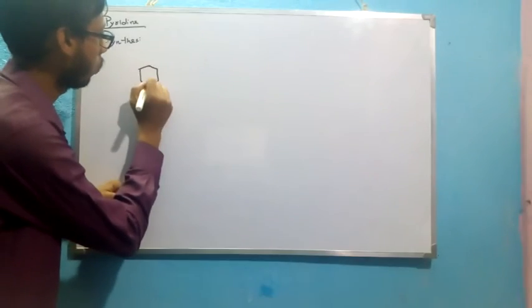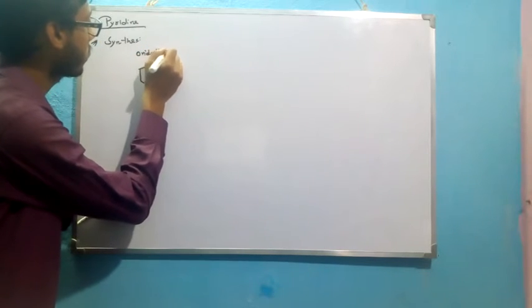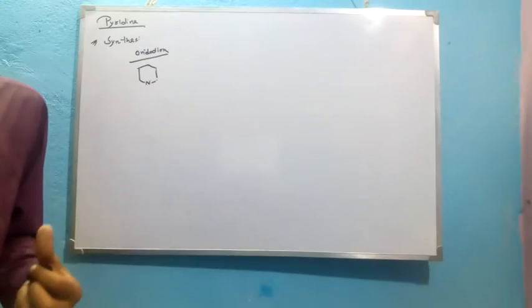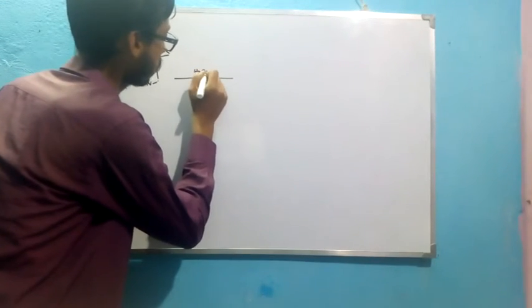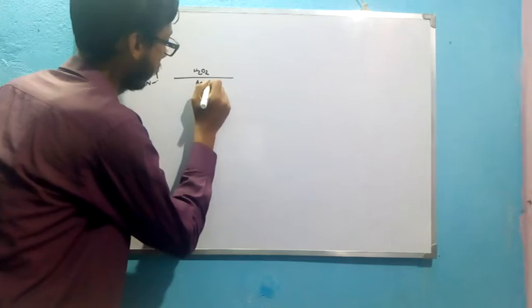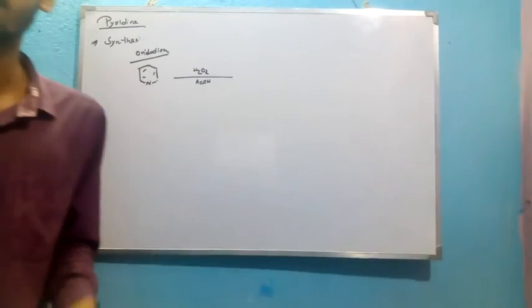So let's see the oxidation cases. When oxidized with hydrogen peroxide in acetic acid, H2O2 and acetic acid, it forms the N-oxide derivative.